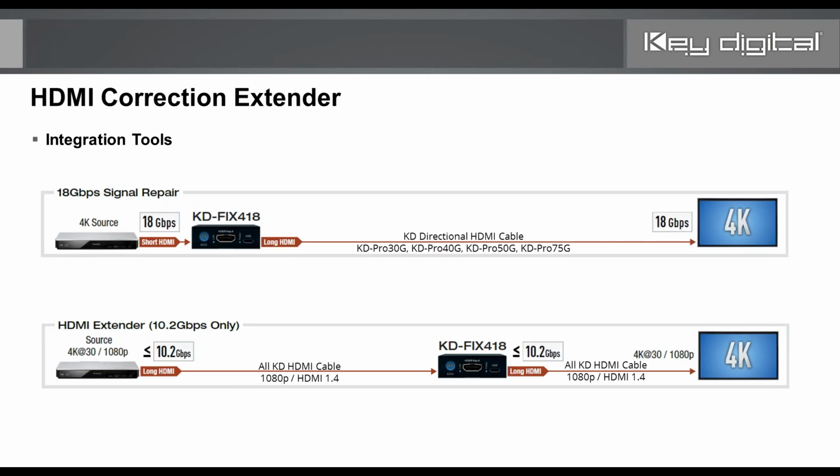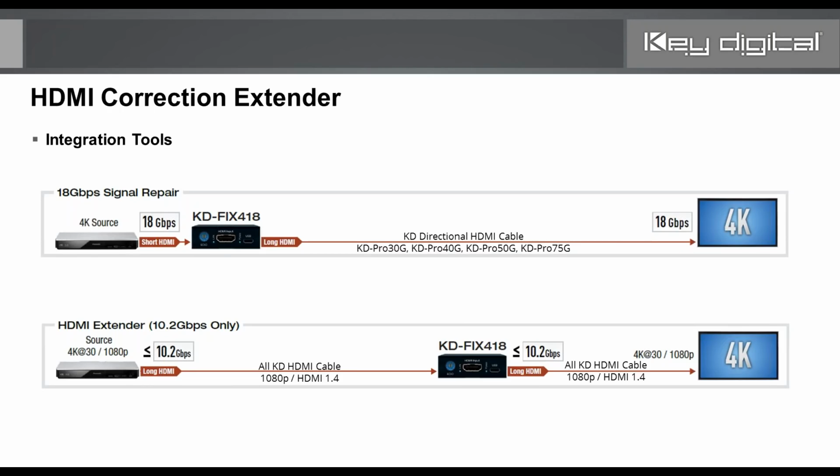So that would be something you could use if you experience any kind of artifacts on your screen or lost pixels on your screen. Minor but not severe HDMI problems can be repaired with the Fix 418.